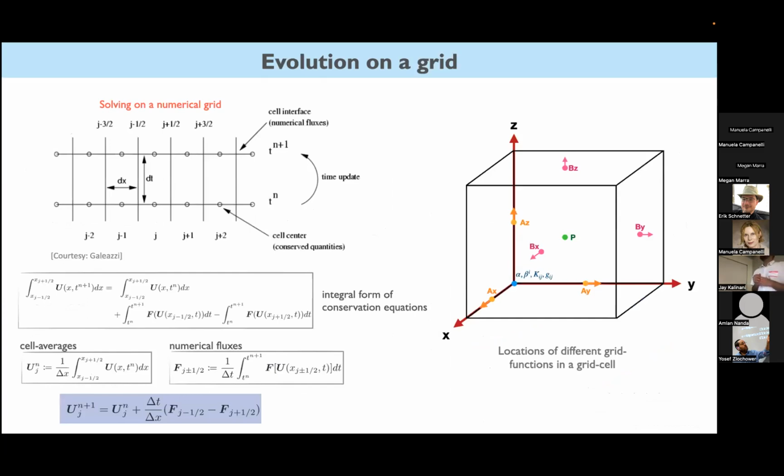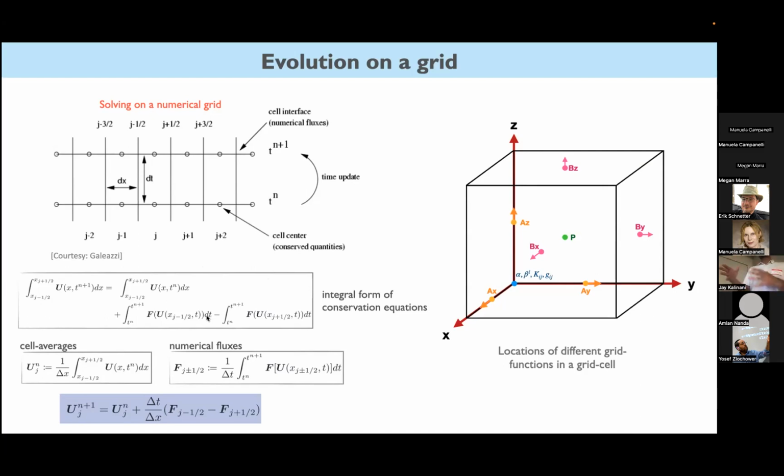Now, once you have all of that, you want to evolve your equations on a numerical grid. So here, for instance, I show you a simple numerical grid on top left, where you have the spatial variation on the x-axis and the time variation on the y-axis. And since you have initially your conservation equations in integral form, you want to discretize them.